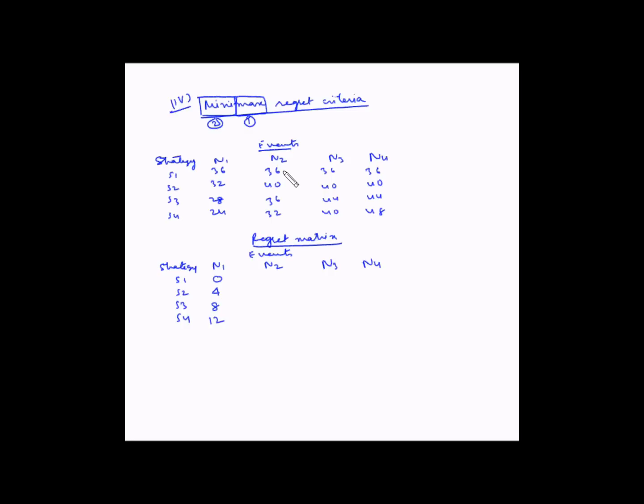Similarly, for N2, the best strategy is S2. However, if we do not choose S2, then for S2 we'll put a 0. If we choose S1 instead of S2, we are losing 4. If we choose S3, again we lose 4, and if we choose S4, we lose 8.